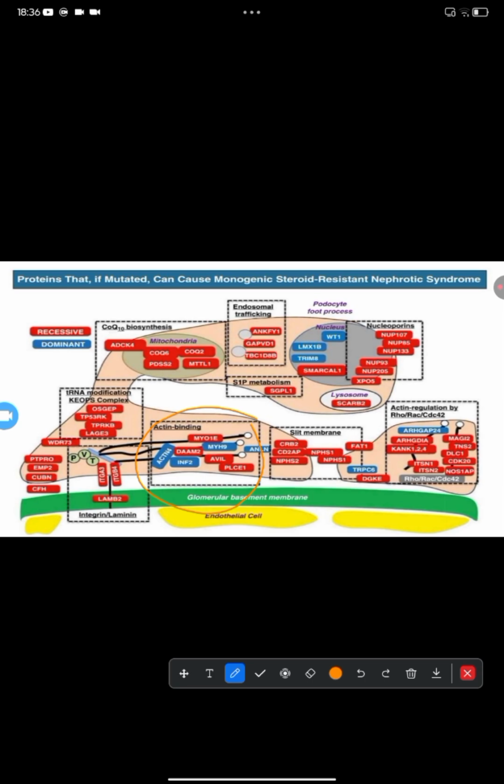The dominant genes are ACTN4, MYH9, INF2, and ANLN. If we look closely here, this gives us a balanced pattern: 4 recessive and 4 dominant actin-binding genes. So 4 red and 4 blue.